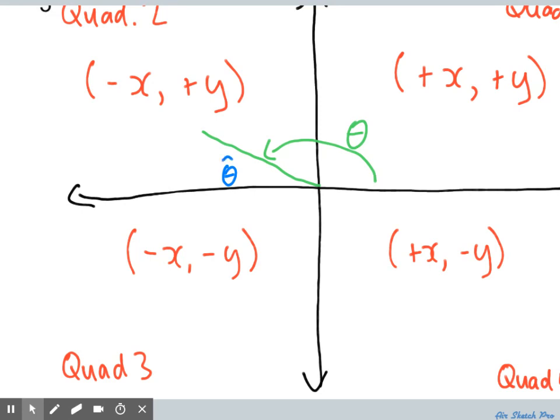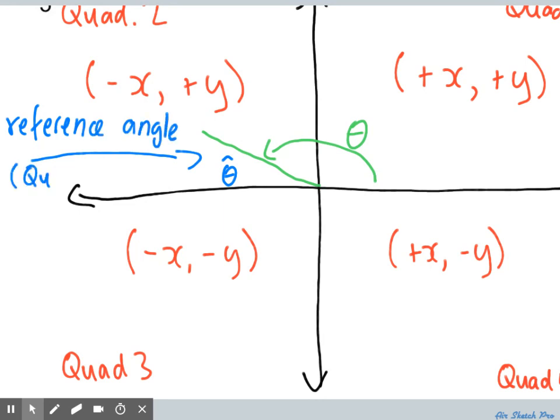And you can actually call it theta hat. Okay? So this is called the reference angle. It's always acute, and it's effectively the quad 1 equivalent.